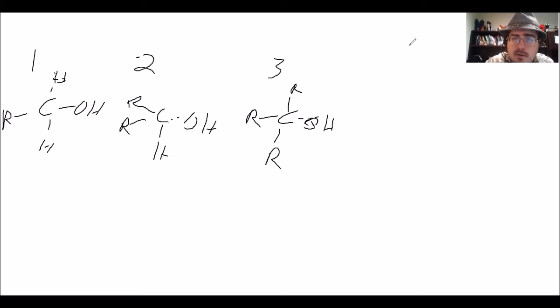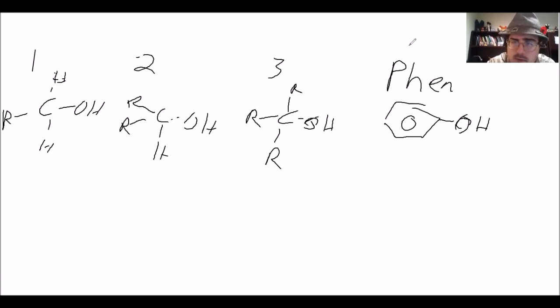And of course, phenol is our benzyl alcohol. Because these guys are going to react in various different ways. Looking at these guys, these are our basic.